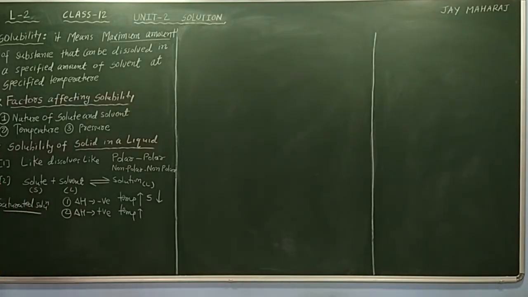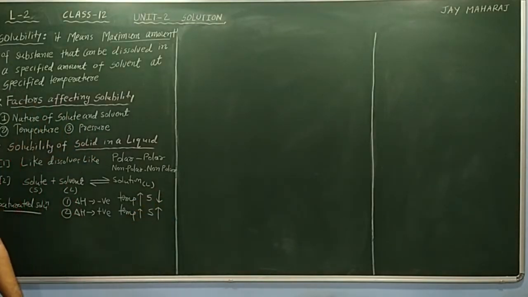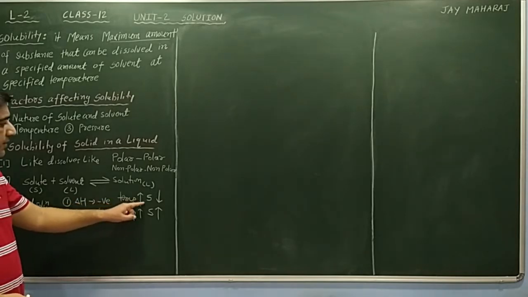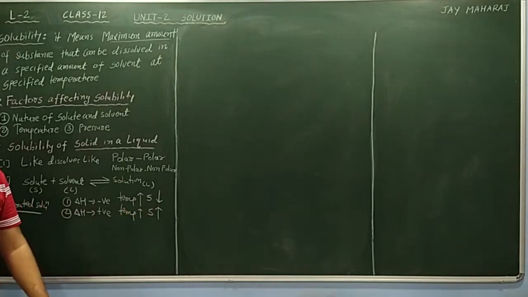That means when temperature increases, solubility also increases. Finally, the conclusion: when a solid solute dissolves in liquid solvent, if delta H is negative, the process is exothermic, and as temperature increases, solubility decreases. If the process is endothermic, as temperature increases, solubility also increases.